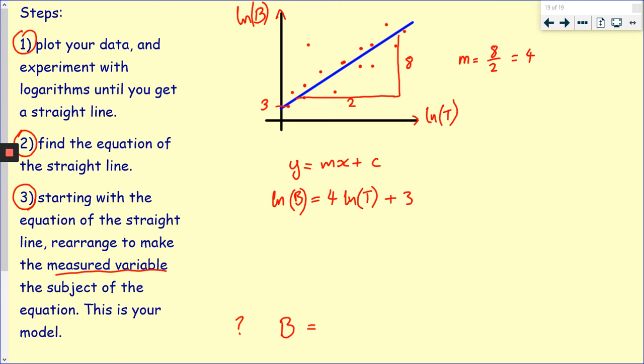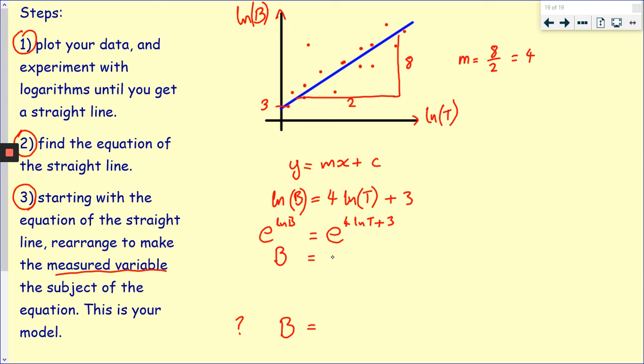So, ln of B. Let's take e to the power of ln B and let that equal e to the power of the right-hand side, 4 ln T plus 3. And now we can start to use our rules. e to the power of ln of B will just be B, because inverse functions cancel.